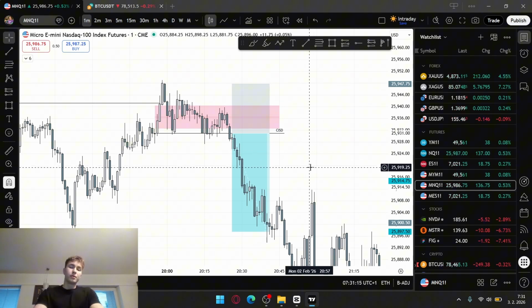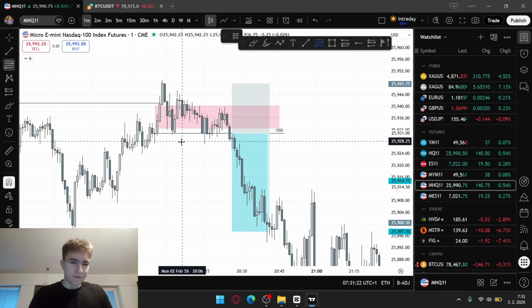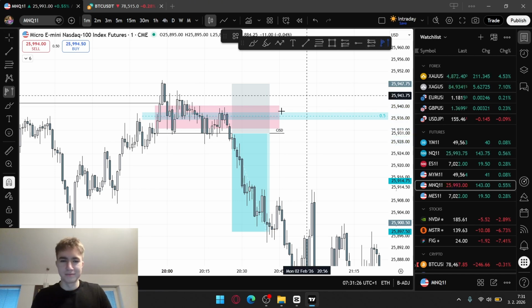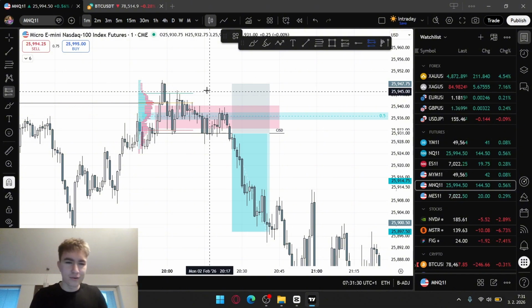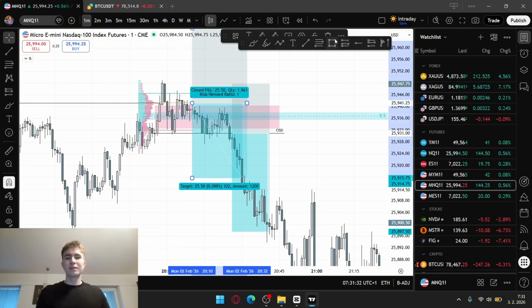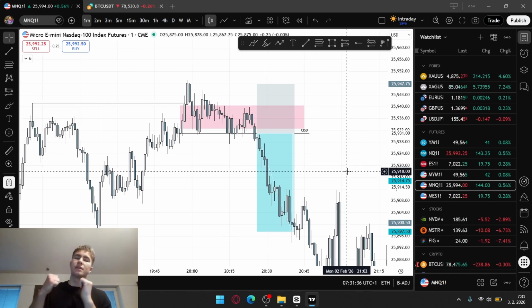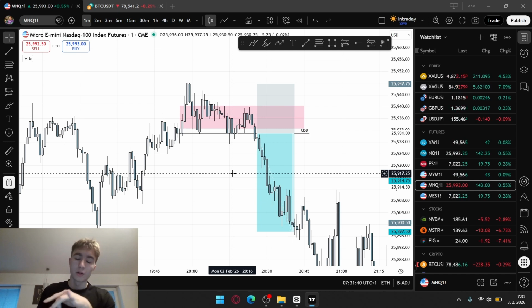You see, you don't need to overcomplicate it with some Fibonacci retracements and some volume profiles, where the lowest value node or like here the POC. You do not need any of this. You just need an inversion and a change in state of delivery. That's it for an entry model.